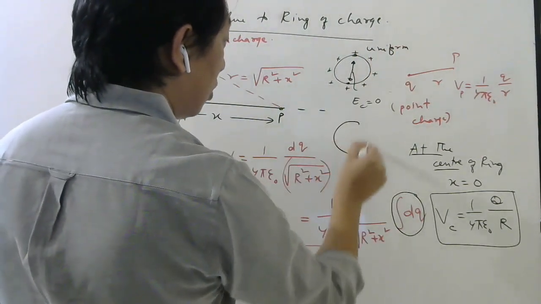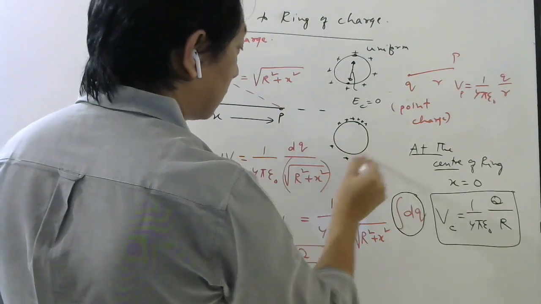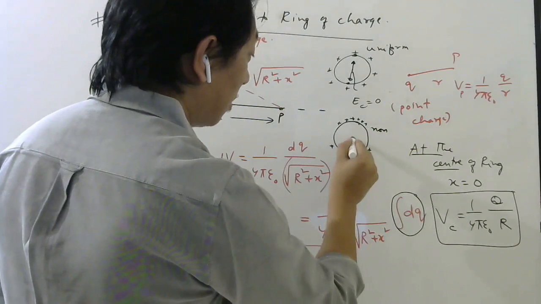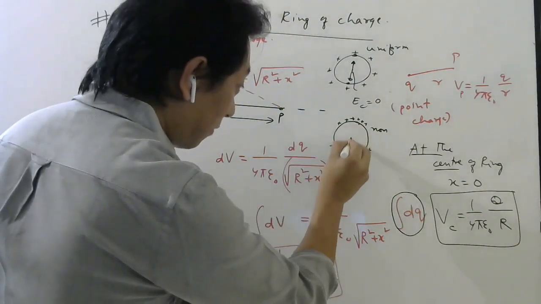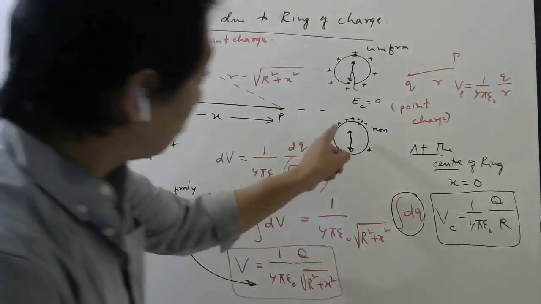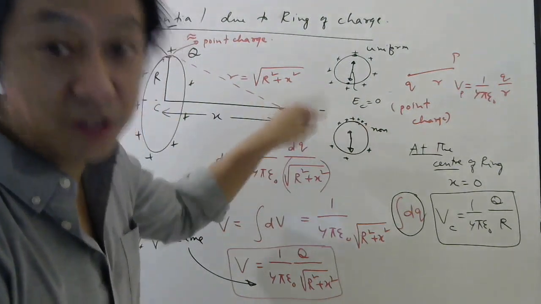But if it is non-uniformly distributed, like this, then electric field will not be 0 now, because here more charge is there. So more electric field will be this side than this side, right? This more charge will produce more electric field. Distance may be same, but here more charge is present.